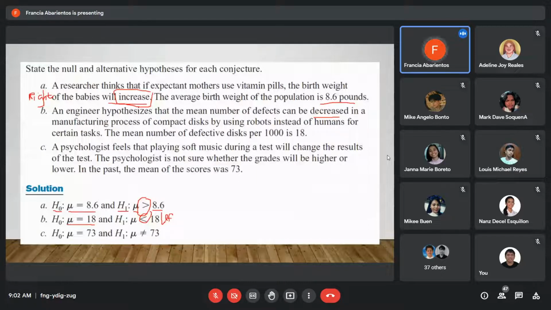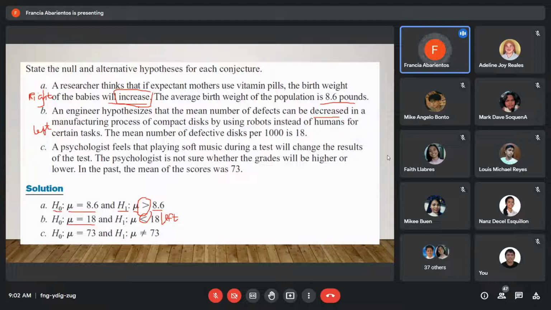The left-tailed. Okay. In letter C, given a psychologist feels that playing soft music during a test will change the results of the test. The psychologist is not sure whether the grades will be higher or lower.